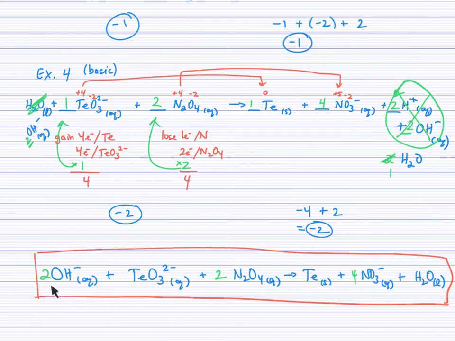And now to be balanced for charge, we have a -2 here, plus 1 times -2, so we're at -4, and that's neutral, and so we are here at -4. And on the right side, neutral, this is -4, 4 times -1, and this is neutral. And so we're finishing with a -4 charge on the right side. And so you can see that we're balanced for both mass and charge.